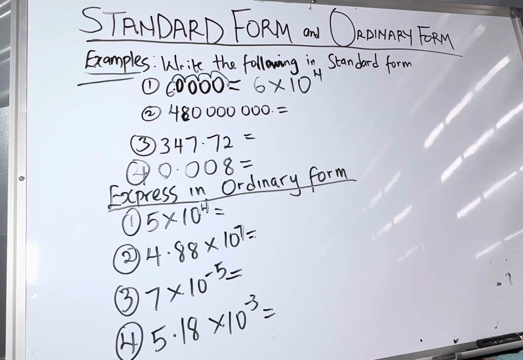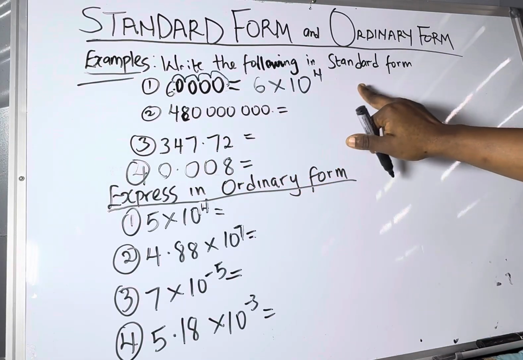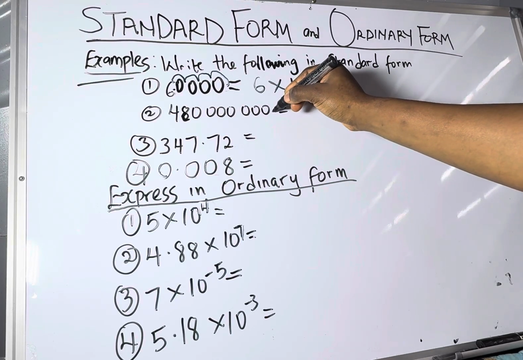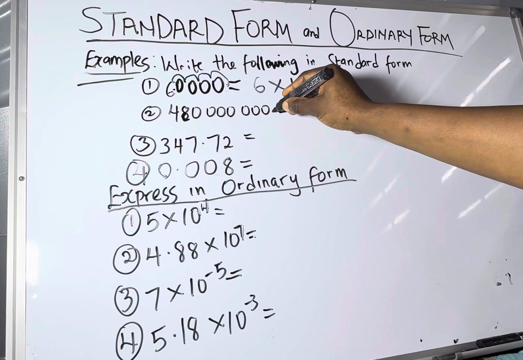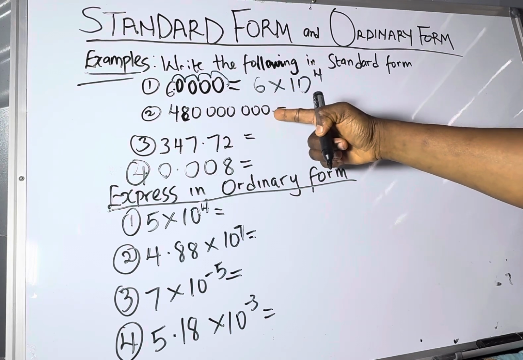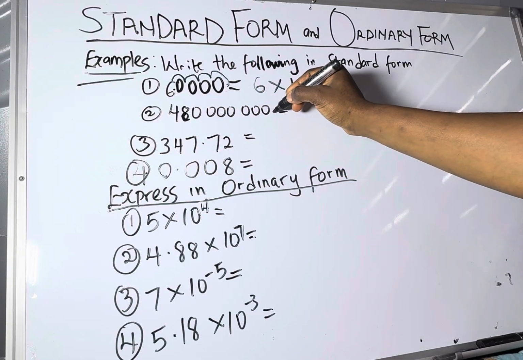Now, question 2, 480 million in standard form can also be written as, starting from this angle, I said there's an invisible decimal point that needs to be moved from this edge before the first number, which simply means, let's count.